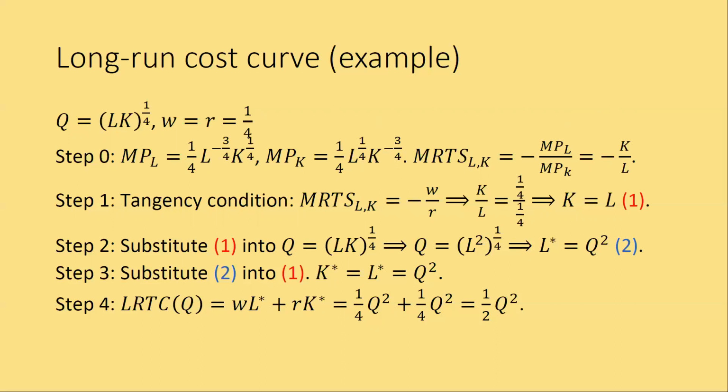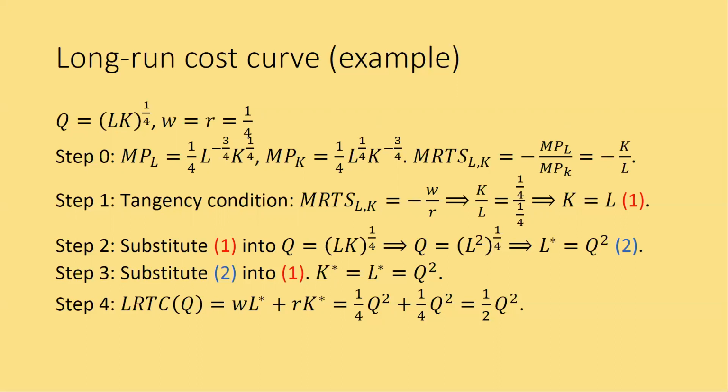In the second step, we substitute this optimal ratio into the production function. So we have Q equals L times K to the power of a quarter. We substitute K equals L into it, and we can solve for L. So we solve that L star, the optimal amount of labor the firm would want to employ, is equal to Q squared here.